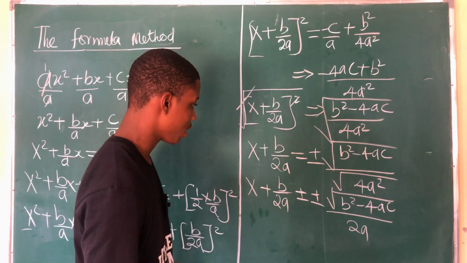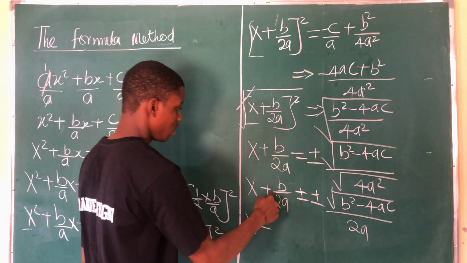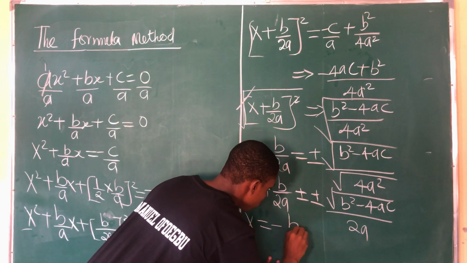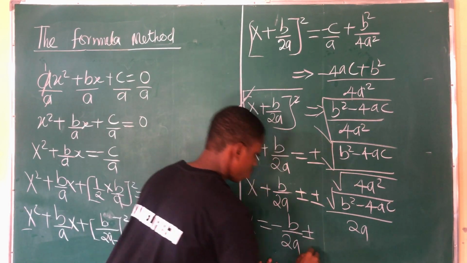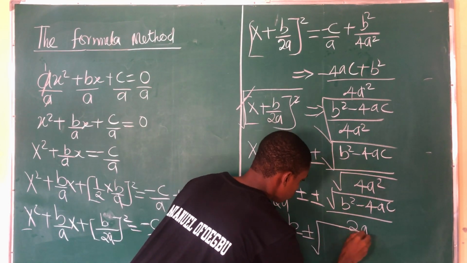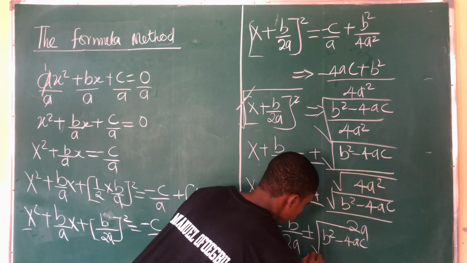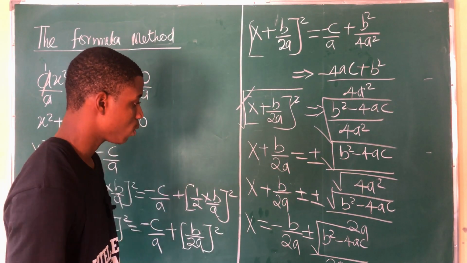So therefore, we make x stand alone. So x is equal to, now since this is positive, b over 2a, it becomes negative b over 2a. Now we have plus minus the square root of b squared minus 4ac over 2a. But this is not the end of the equation.